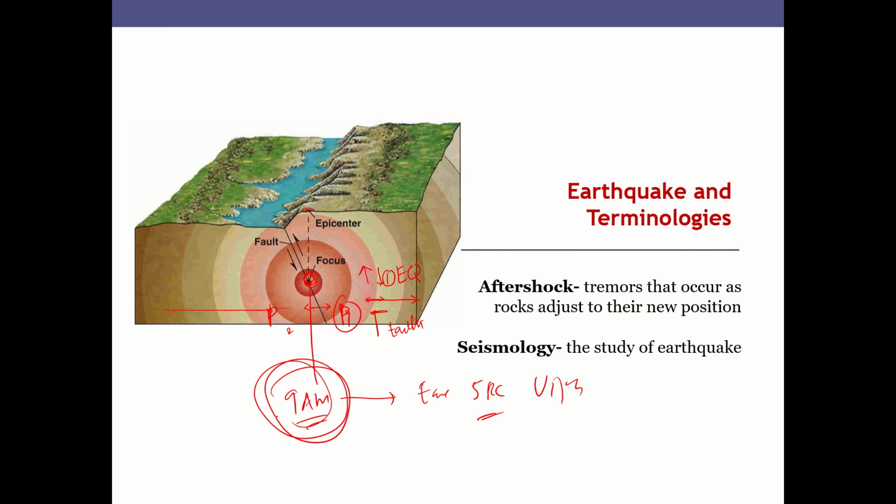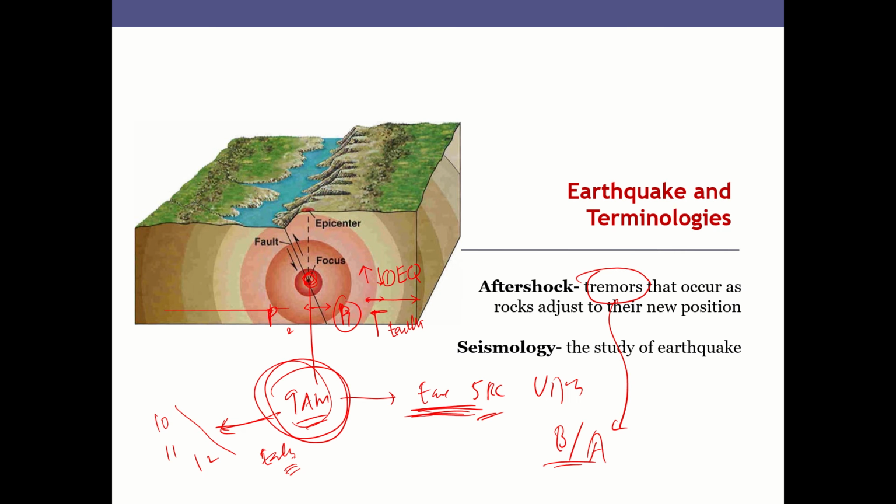But even after 9 a.m., probably at 10 or 11 or 12, whatever it may be, after this major recording of the movement of earth, we feel certain earthquake-like observations. Those are actually called tremors. It can happen before an earthquake, or it can happen after an earthquake as well.